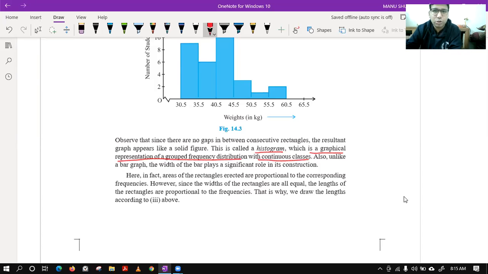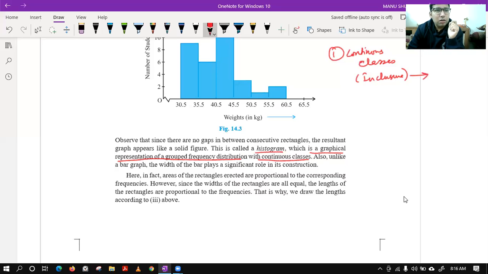So you have to make sure that the classes are continuous. This graphical representation is for continuous classes. So in case classes are not continuous, you have to make them continuous. If the data given to you is inclusive, that means you have to convert it.